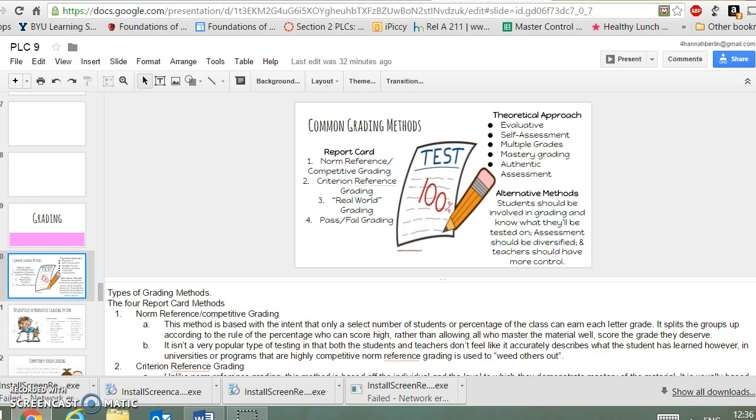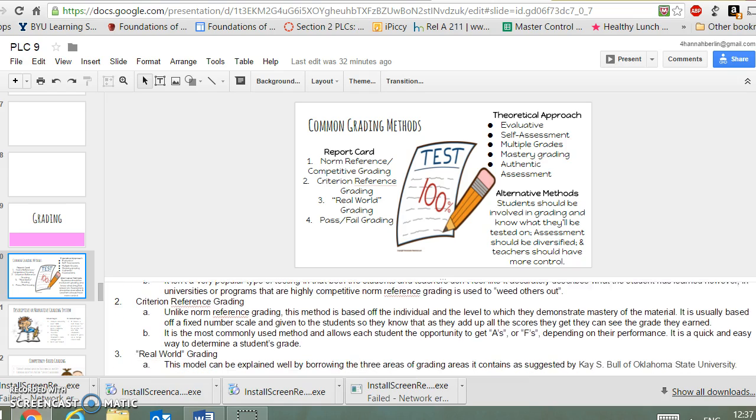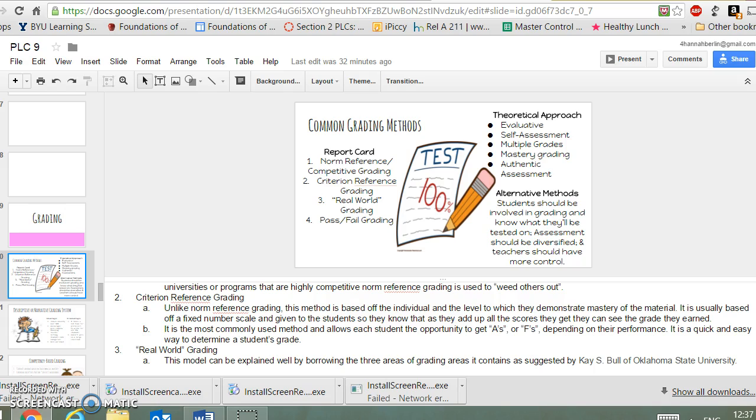And they have to all kind of compete against each other that way. It's not the most popular just because it doesn't let each student have the same right to proving what they really know.